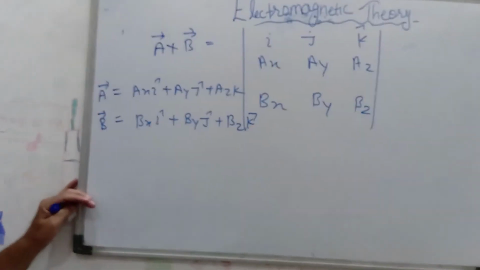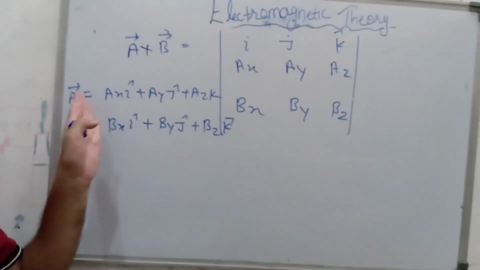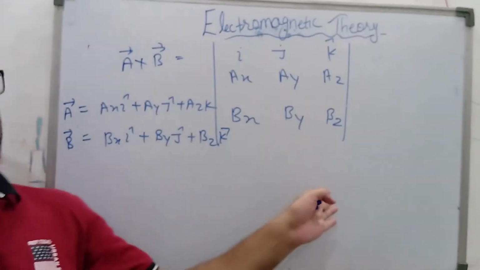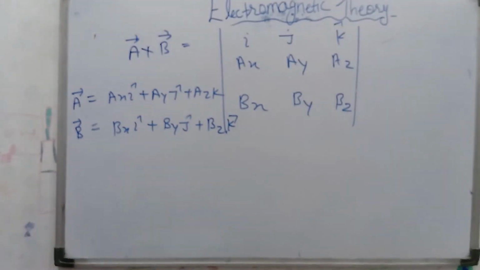So you can find A cross B of any position vectors simply by using the determinant method.